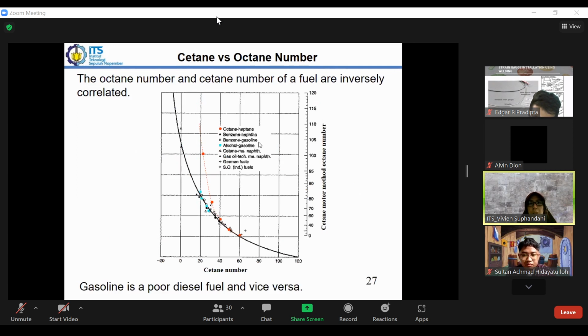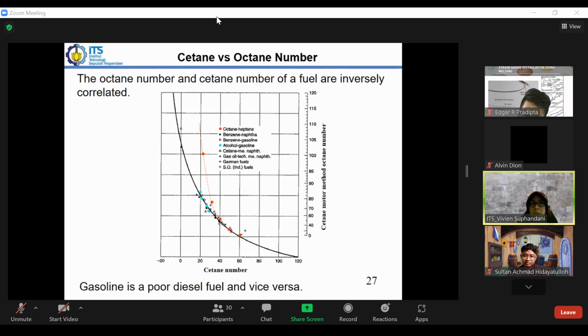This is the representation of the cetane number, in which there will be an inverse correlation between octane number and cetane number.